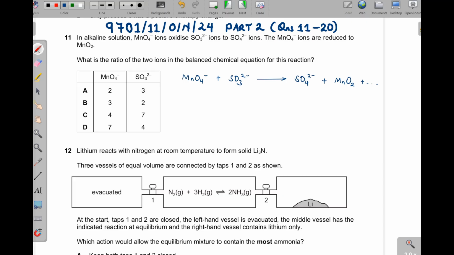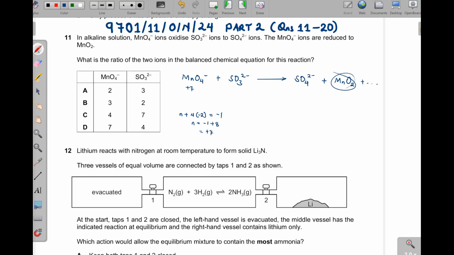Now, let us look at the oxidation states of manganese in here and here, also for sulfur here and here, okay? So here we shall have N, then plus 4 times negative 2, because the oxidation state of oxygen is negative 2, which is equal to negative 1, the total charge here. And then N is going to be equal to negative 1, then plus 8, which becomes plus 7. So here I have plus 7.